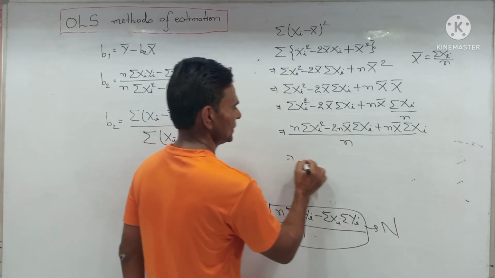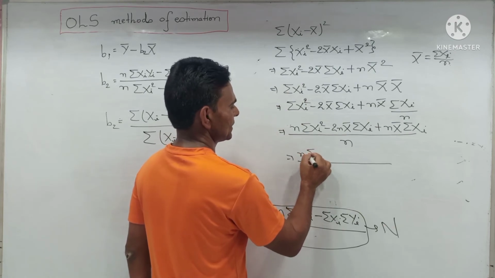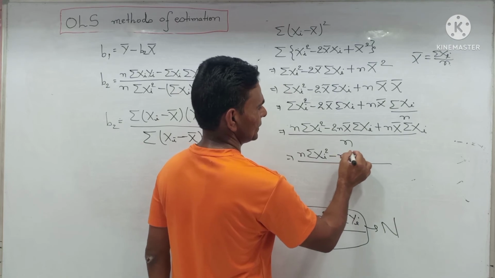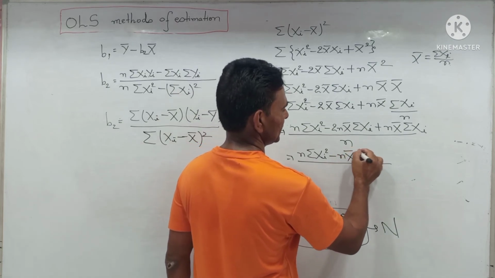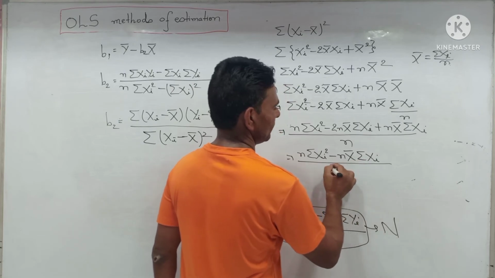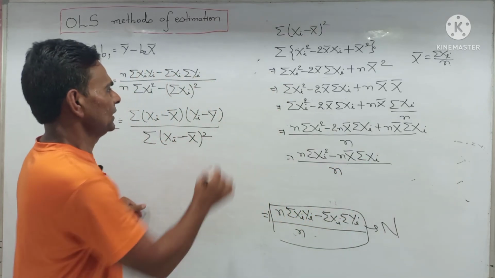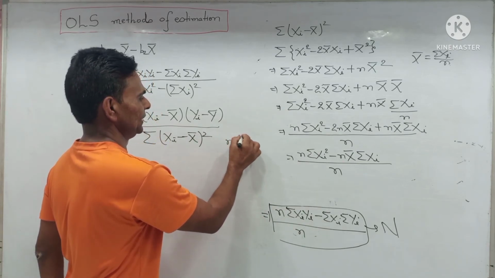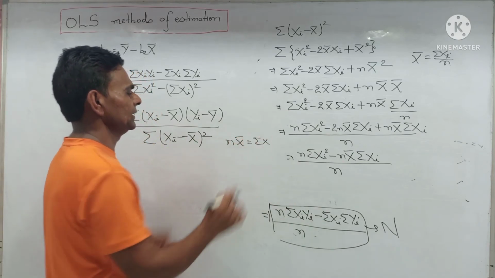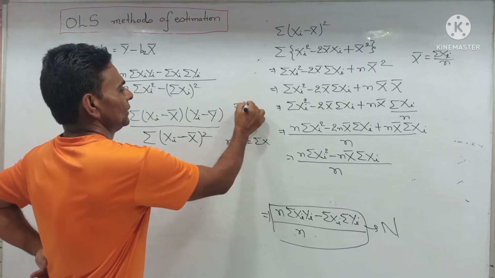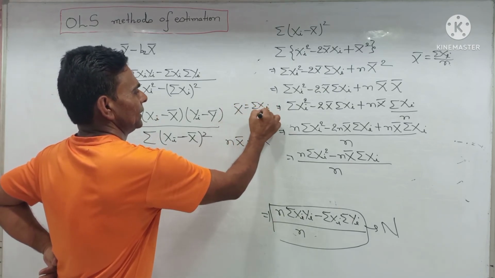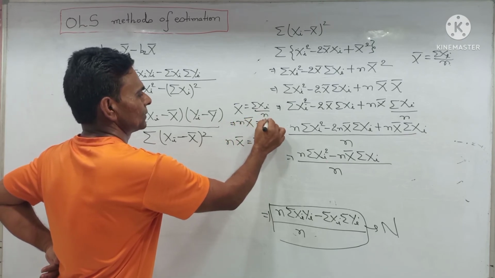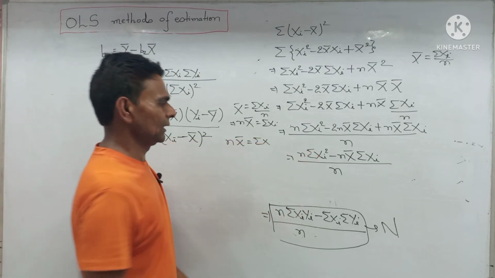First one, n times summation of xi square, and this term becomes n times mean summation of xi by n, and we know that here n mean equals summation of x. We can easily derive it: mean equals summation of xi by n, cross multiplication, n times mean equals summation of xi, and substituting the value here.